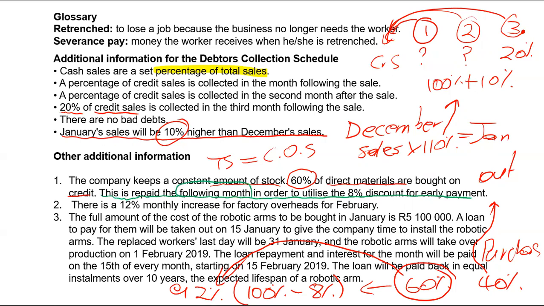So if we buy on credit in January, we'll only make the payment in February. And when we make that payment in February, we will get 8% discount, meaning that we will only pay 92% of what we owe.